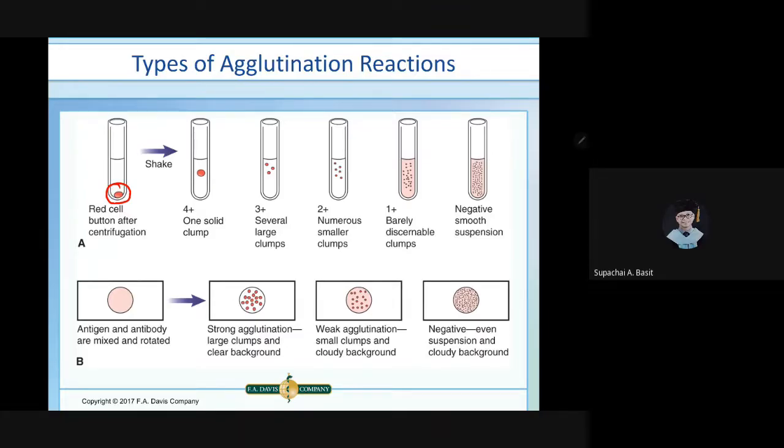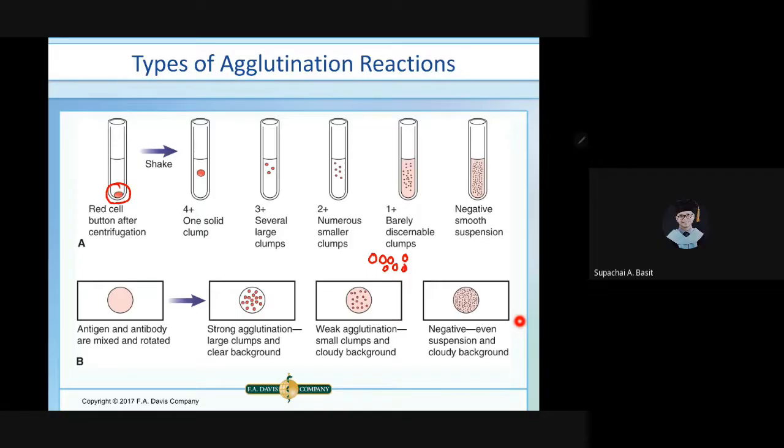Or if you're using the slide method, you can actually see the agglutination even without using the microscope. However, if you are doubtful if agglutination is present or not, then you can always look under the microscope. Under the microscope, if RBC do not overlap, that is considered a negative reaction.